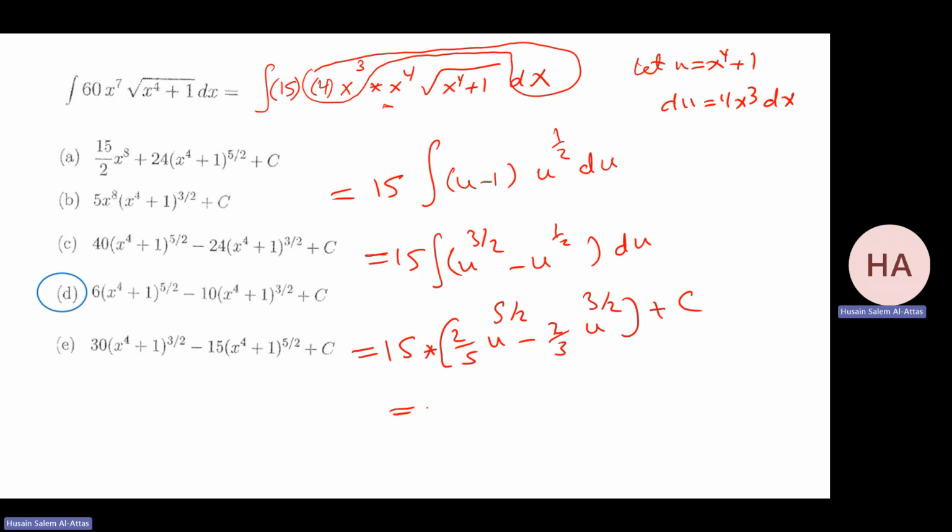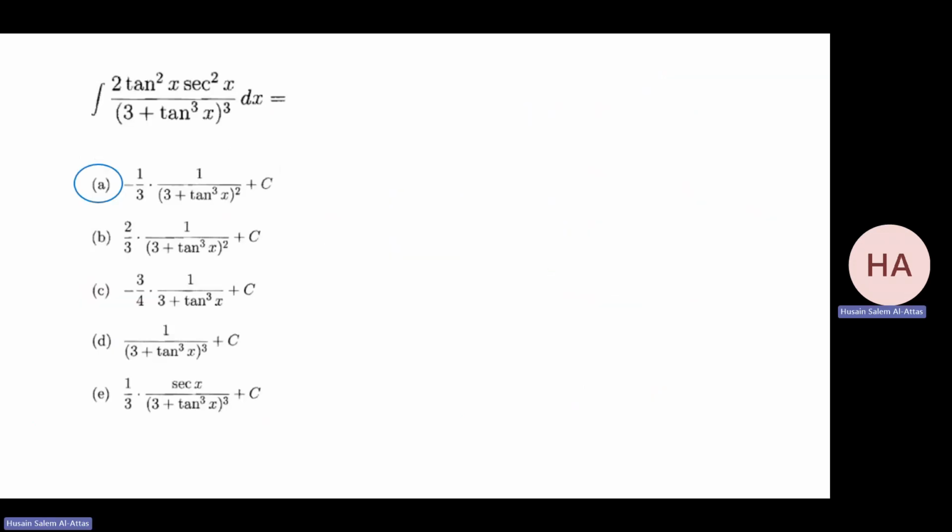That'll give me 6 times x to the power 4 plus 1 to the power 5 over 2, minus 10 times x to the power 4 plus 1 to the power 3 over 2, plus c, which is this one.